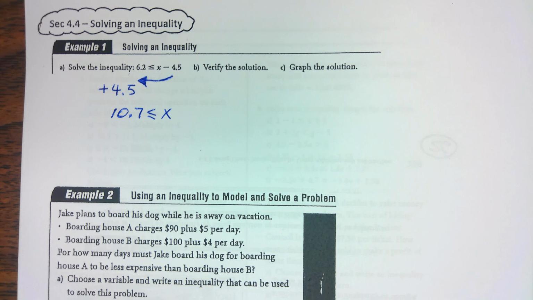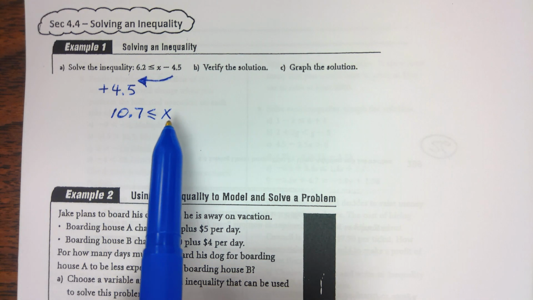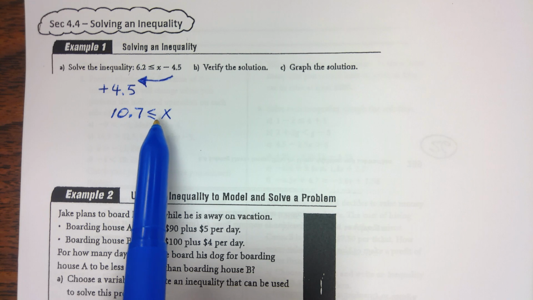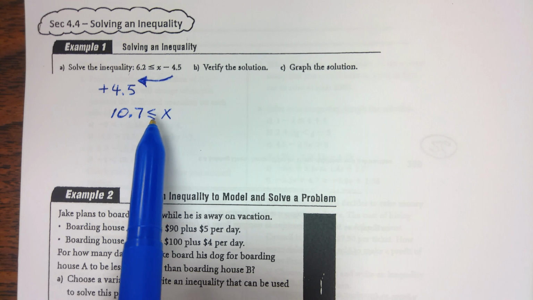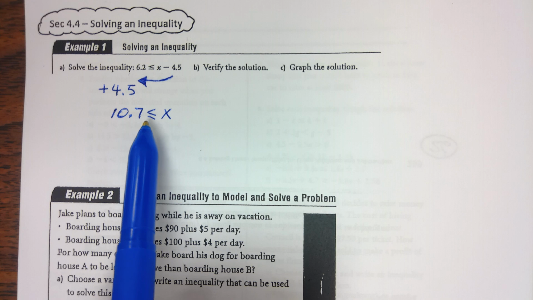Okay? So what's the main difference between when this is an equal sign and when this is an inequality sign? What's the difference? If this was x equals 10.7, or now x is greater than or equal to 10.7, what's the difference?